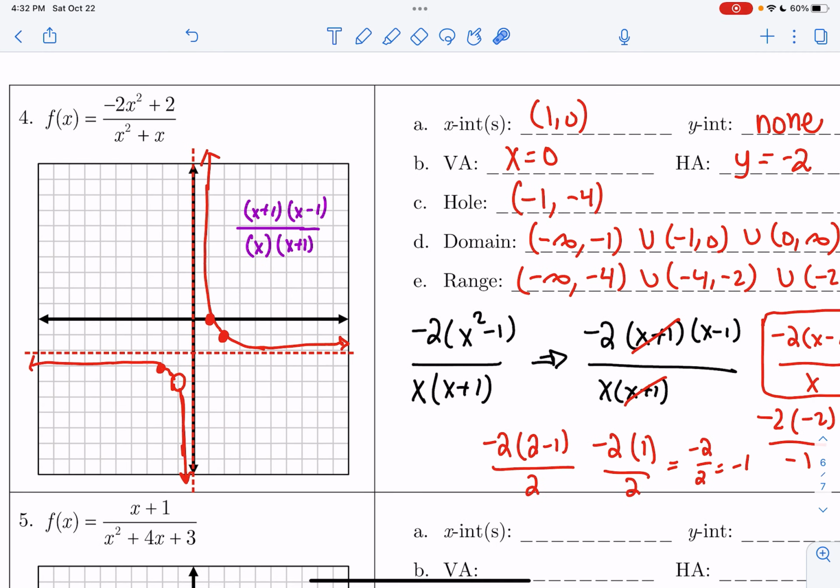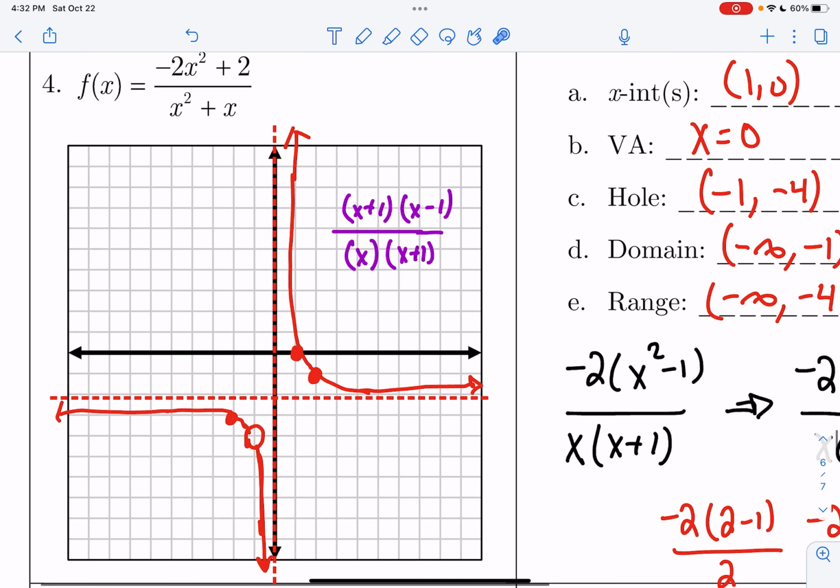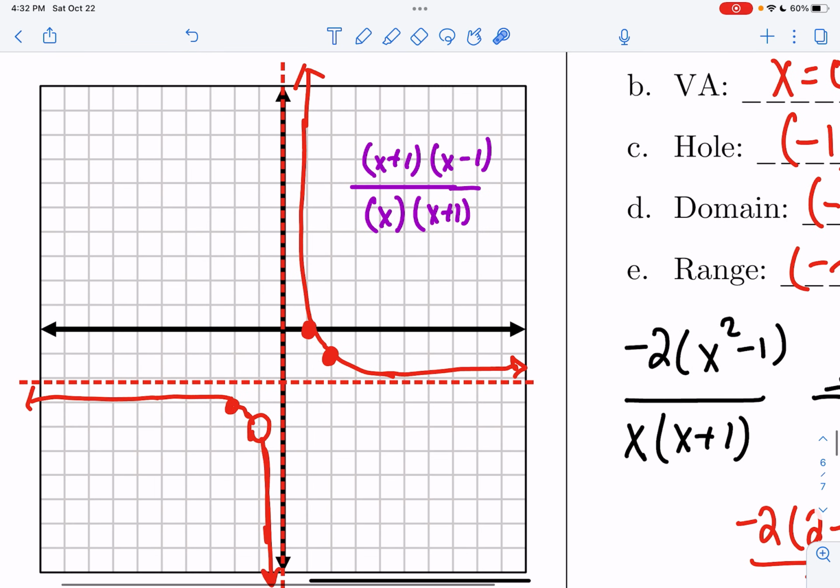Except, how do we know that we have a -2 as my a value? Well, remember that we have to look at my horizontal asymptote, and looking at my degree, if I were to cancel out the x plus 1 and the x plus 1s, I have a degree of 1, and I have a degree of 1, so this means that my horizontal asymptote deals with my leading coefficients.